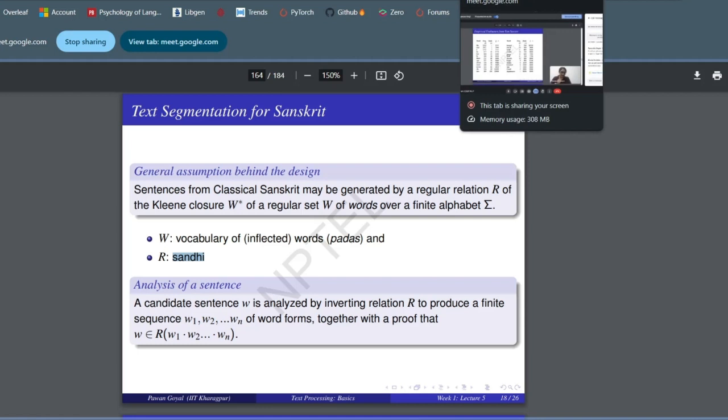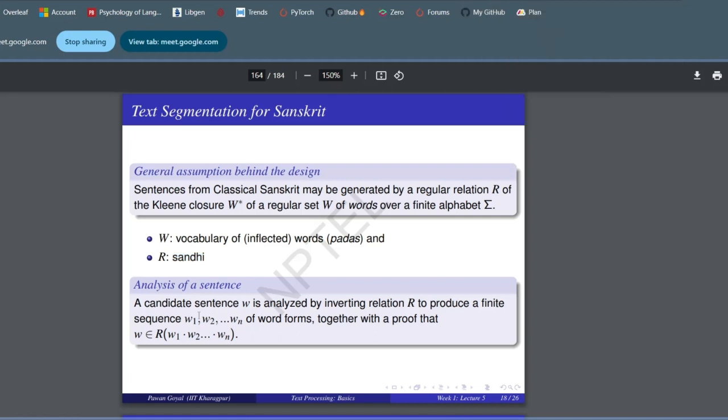Please feel free to unmute and say. Like Vidya and Alaya, that's called Vidyalaya. Yeah, correct. So that is an example of sandhi.